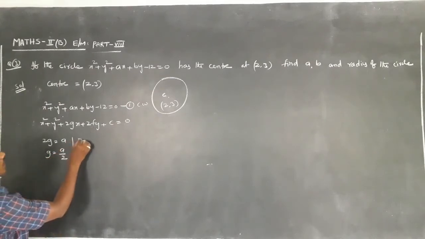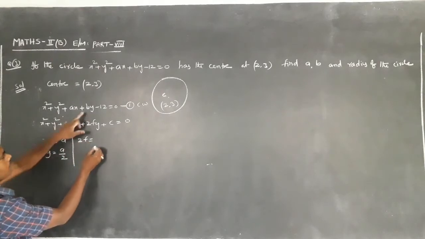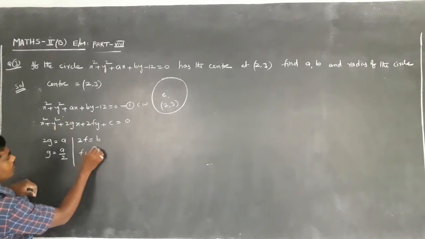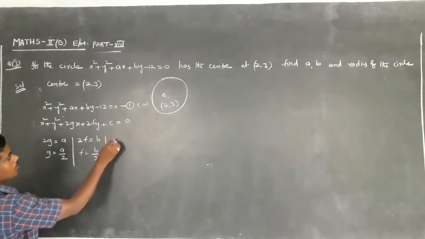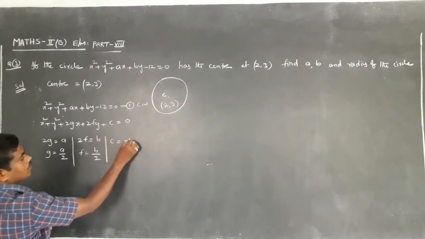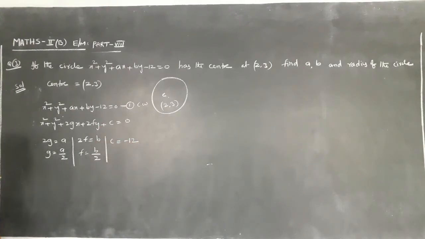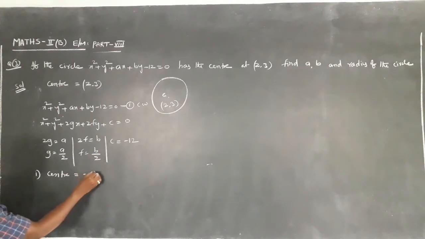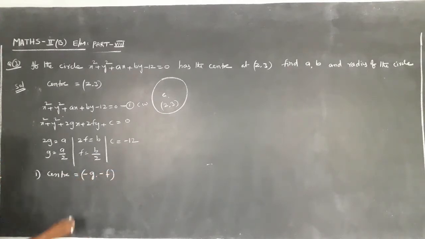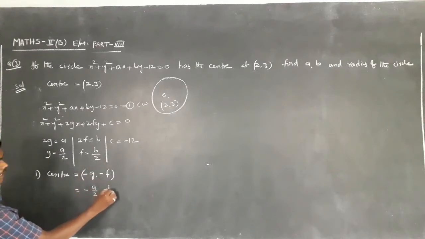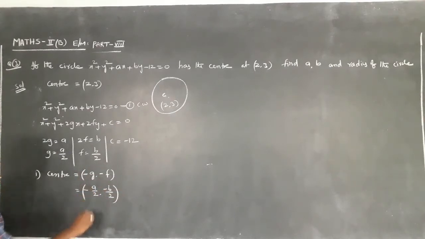The y coefficient 2f is equal to b, so f is equal to b by 2. The constant c is equal to minus 12. The center of the circle is minus g comma minus f, that is minus a by 2 comma minus b by 2.